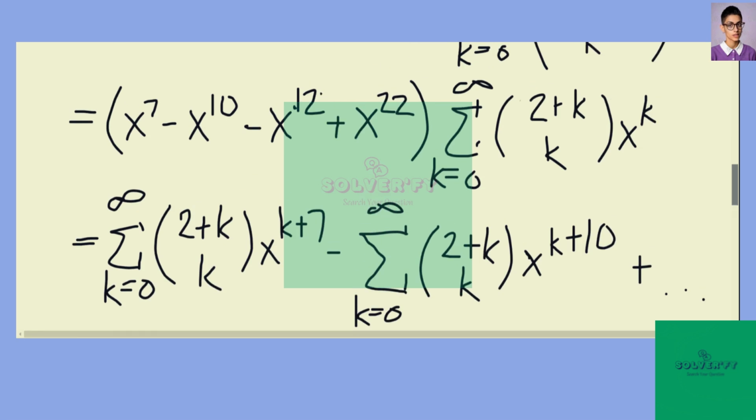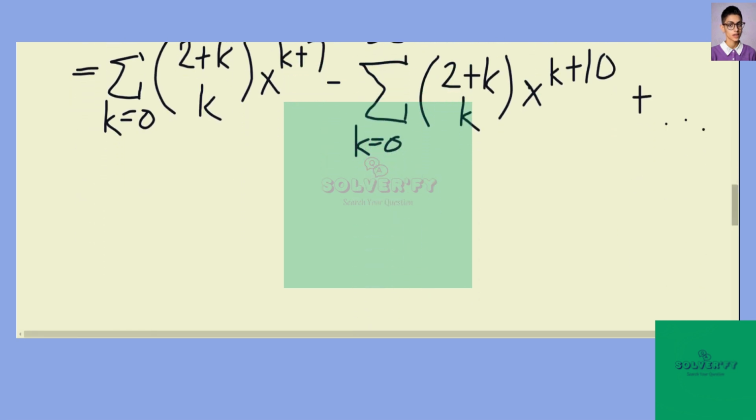And if we want the coefficient of x to the 10th, then in the first sum we'll want k to be equal to 3, and in the second sum, we'll want k to be equal to 0.